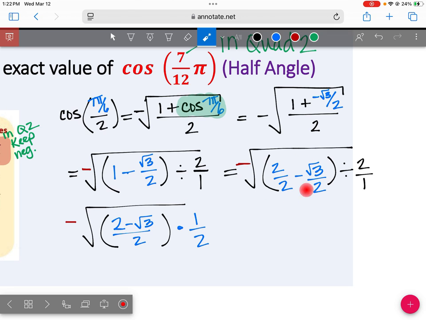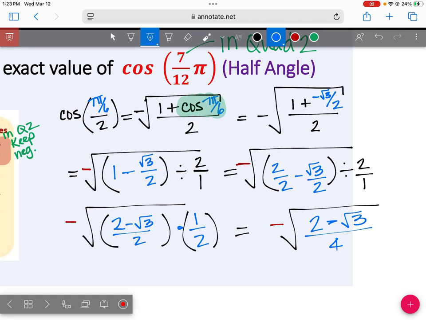The first thing I did was merge this together to make 1 fraction. And then I also did keep, change, flip. So let's multiply across. And when I multiply across, my numerator will be 2 minus root 3, and that's all over 4.